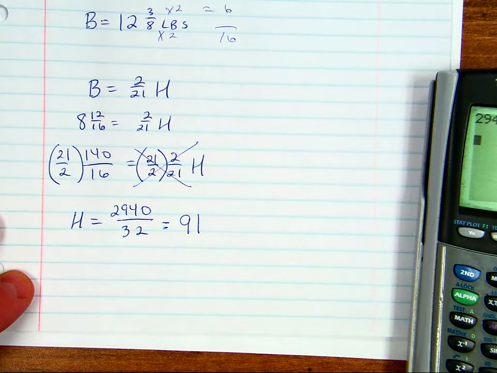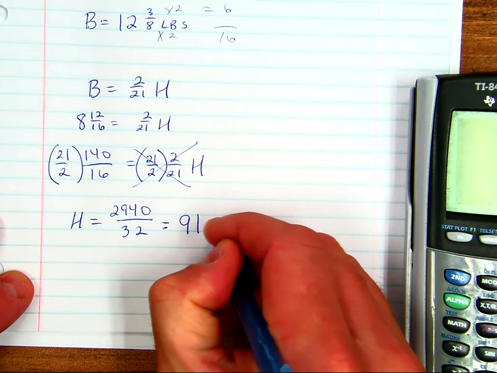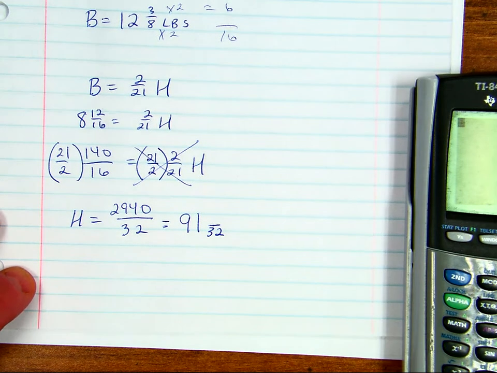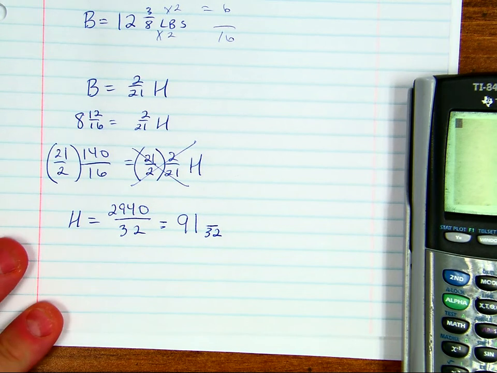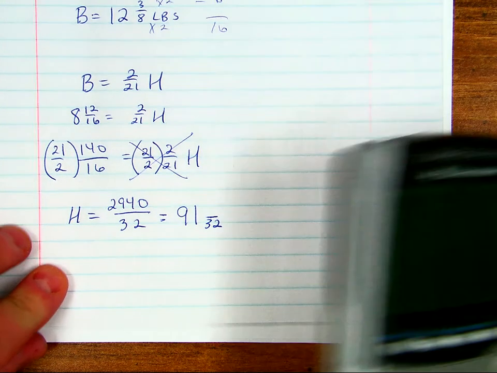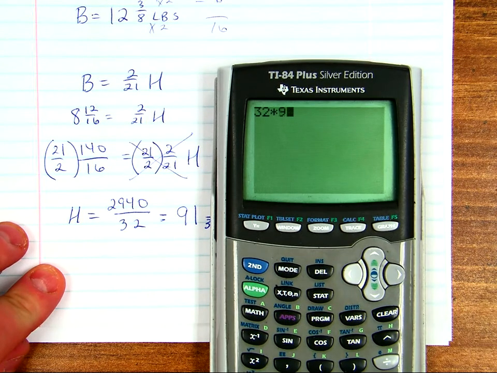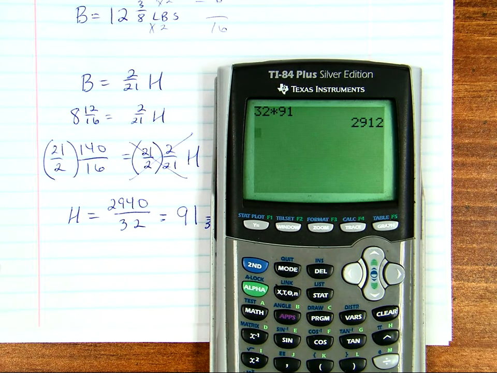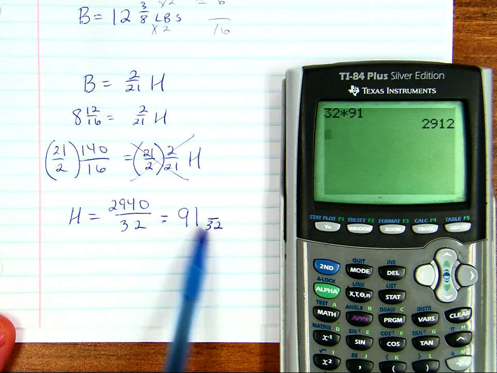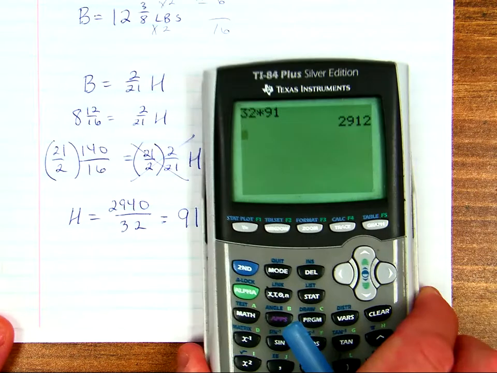Remember what I said, the denominator always stays the same. So to figure out the numerator, 32 times 91, I just multiplied these two numbers, and I got 2,912.